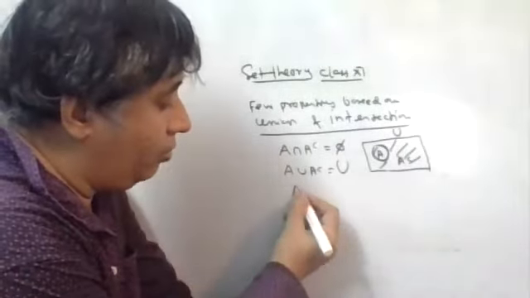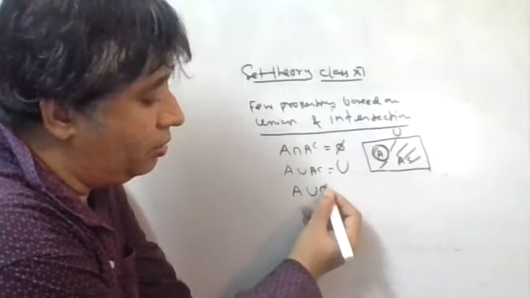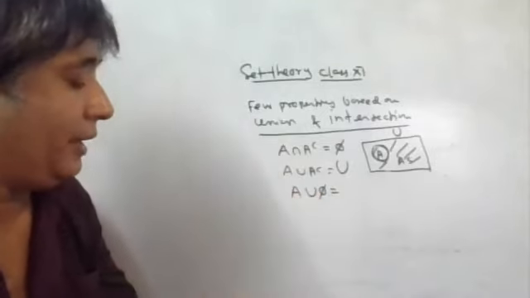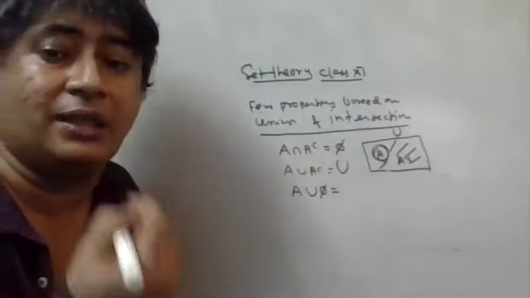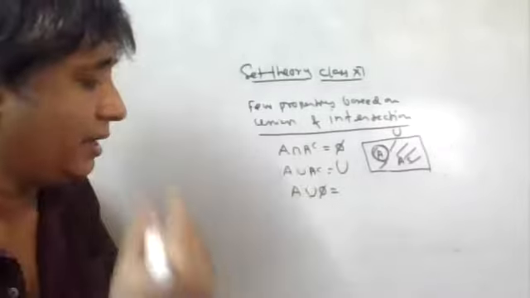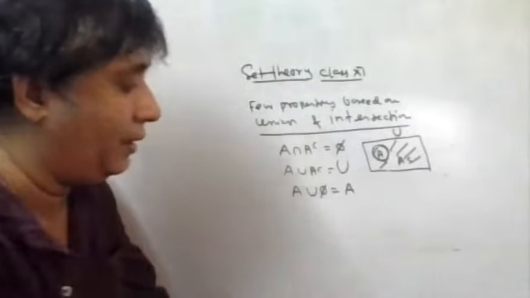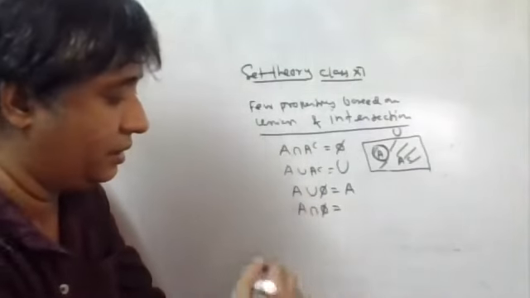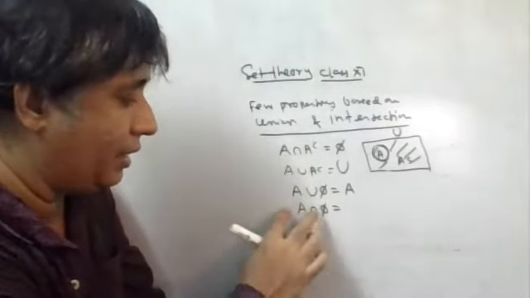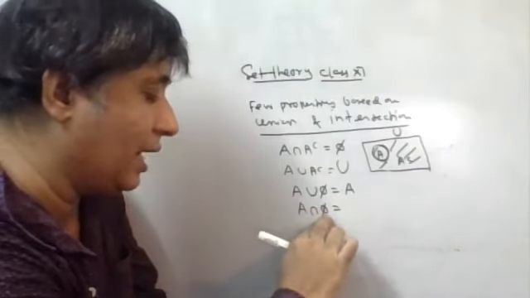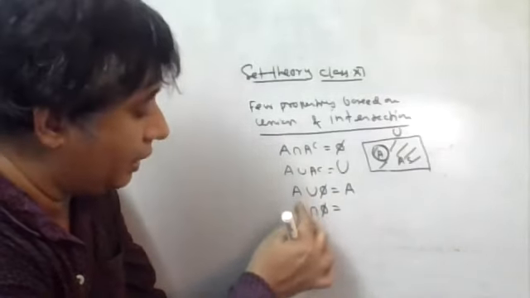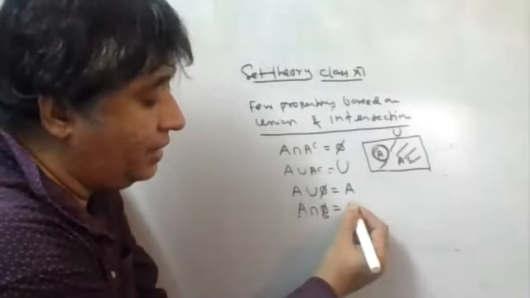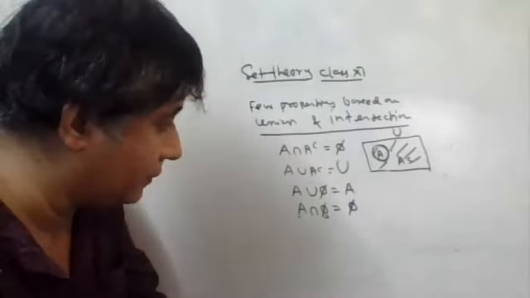If you bring the null set with the operation union with A, it will add nothing, because the null set contains no element. So it will remain A. And A intersection null set: A has the subset null, and A is the superset of null. So what is the common part between A and the null set? Null, the empty set only.